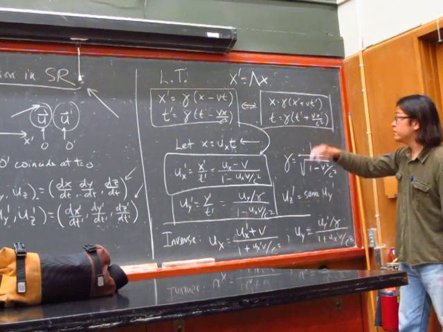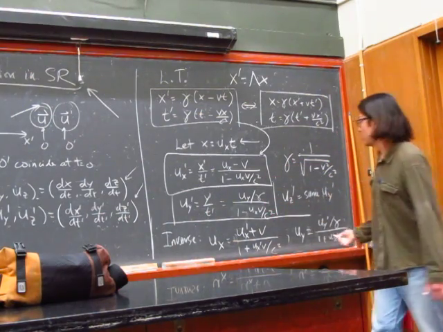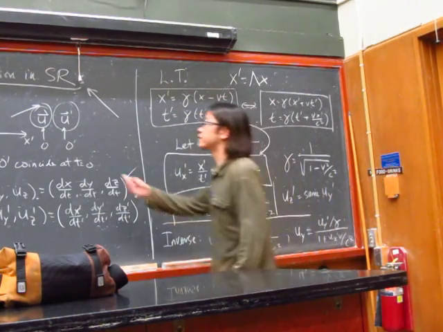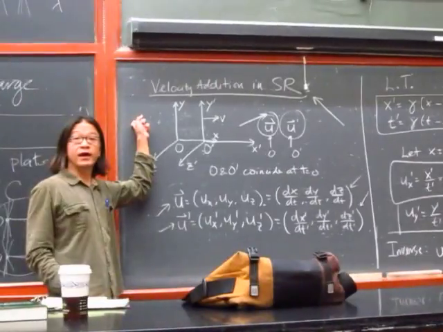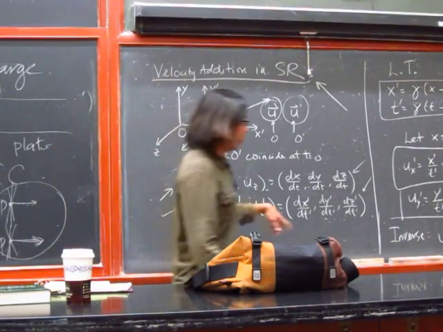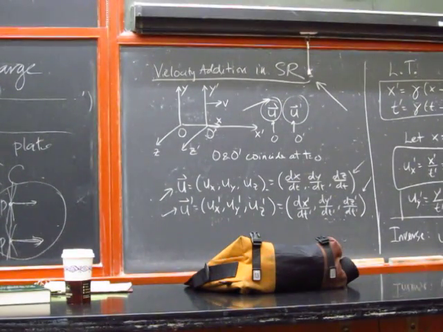And then you can do the inverse. You can either do the algebra for the inverse, or note that the whole thing is symmetrical: according to O prime, O is always moving to the left. Therefore, you just have to replace all the minus signs with plus. So ux is ux prime plus v divided by 1 plus ux prime v divided by c squared.